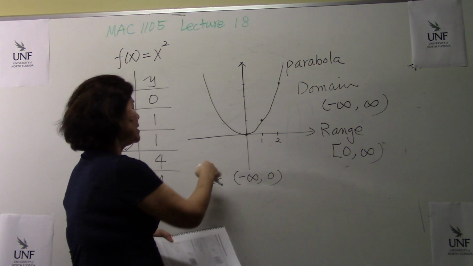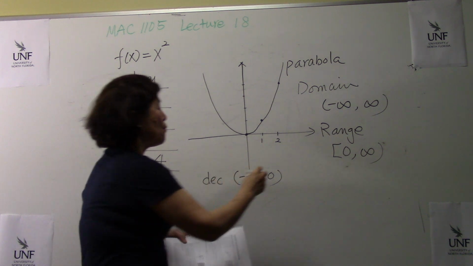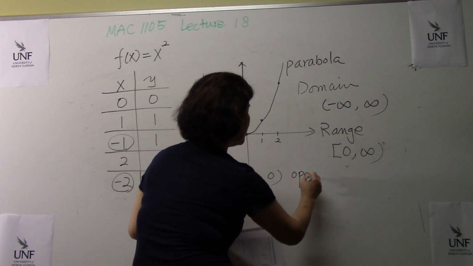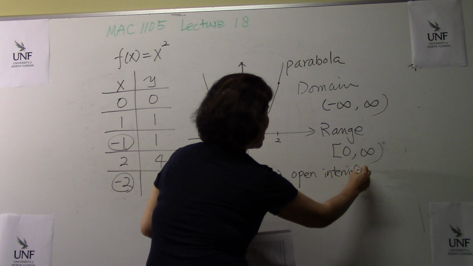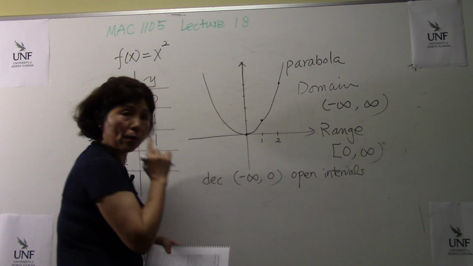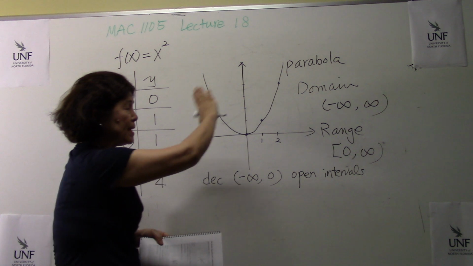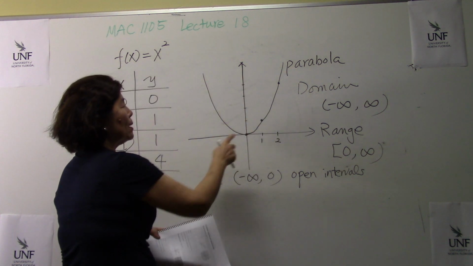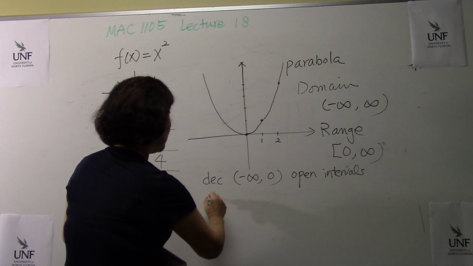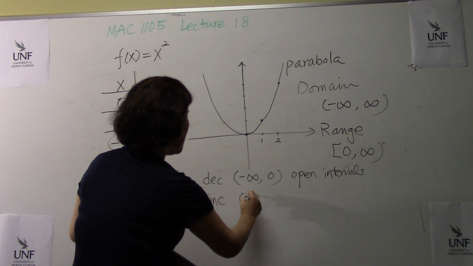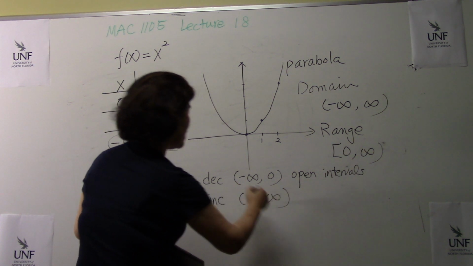Whenever you talk about increasing or decreasing, we are going to use open intervals. In other words, we are not going to have a bracket over here. Everything is just round, open. What about increasing? On the other side, the positive side, the function is increasing from 0 to infinity.